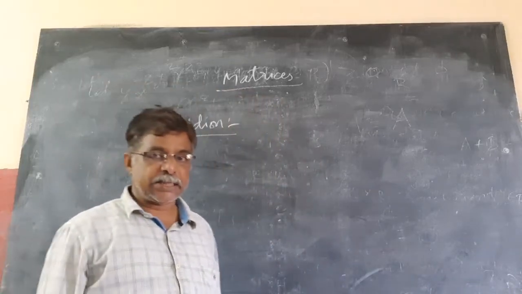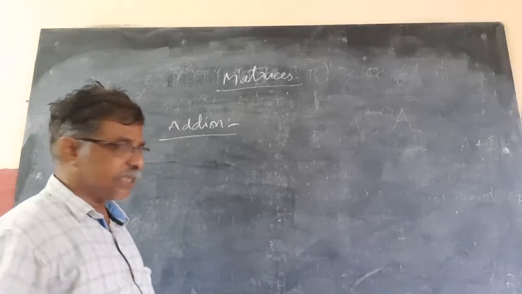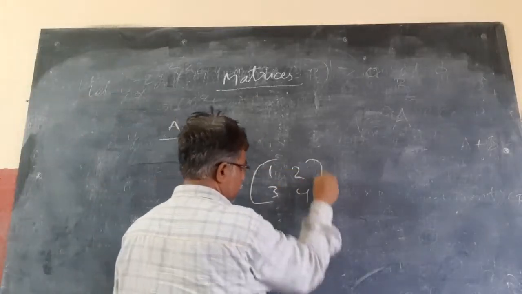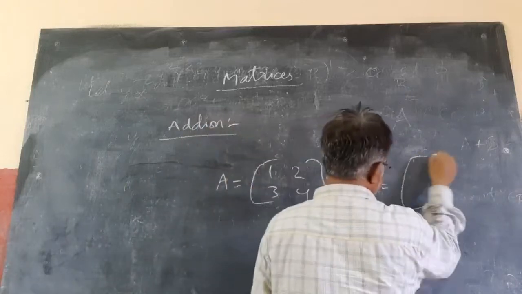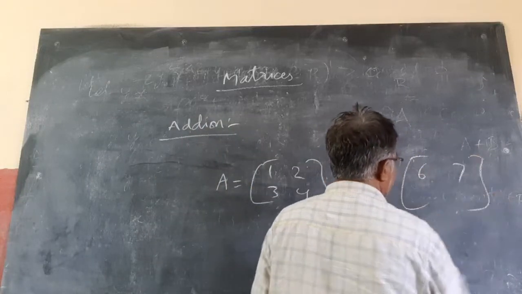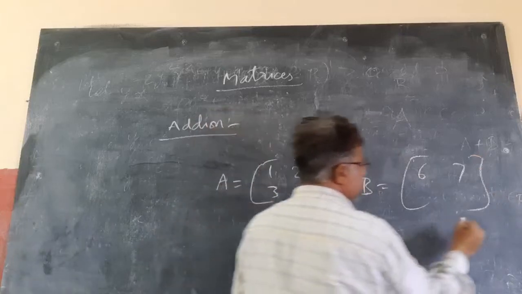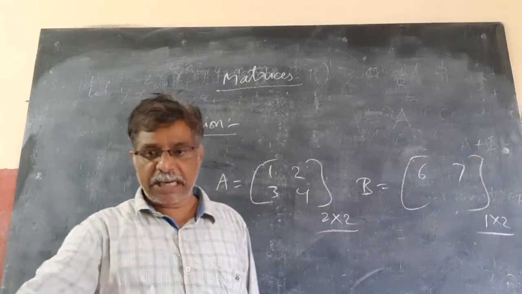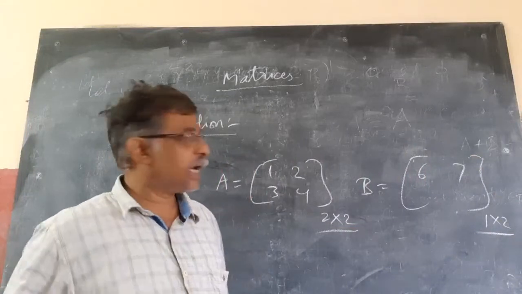Addition or subtraction, both possible only if they are of the same size. For example, A equals 1, 2, 3, 4 and B equals 6, 7. Then this is 2 by 2, this is 1 by 2. So both are not of the same size. So A plus B is not possible.